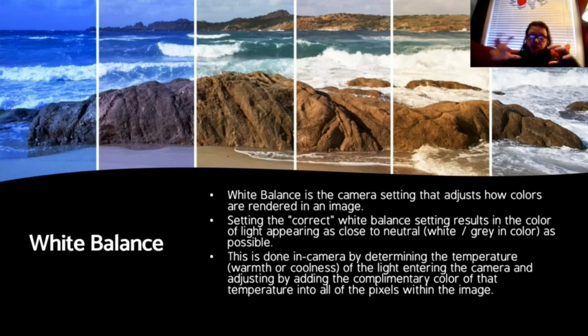Right? Remembering that blue and yellow are across from each other in the RGB color scheme on that color wheel. And by adding a little bit of yellow into it, the blue gets neutralized, and all of the whites and or neutral colors that we see look normal to our eyes.